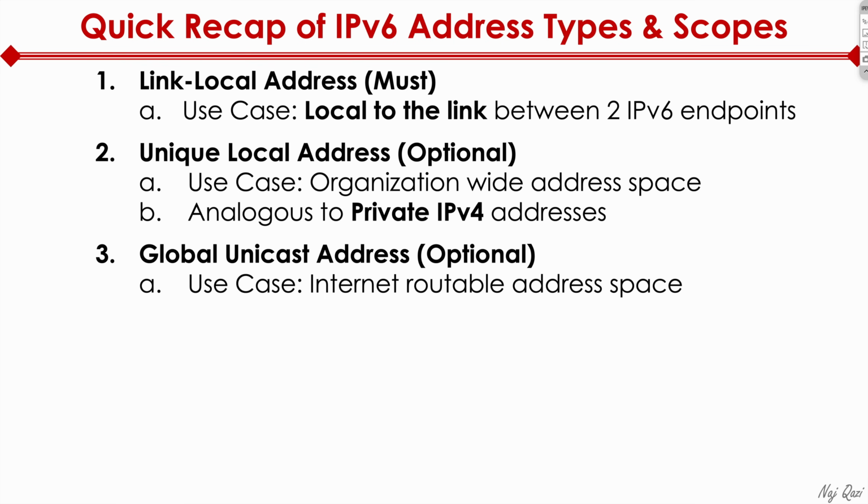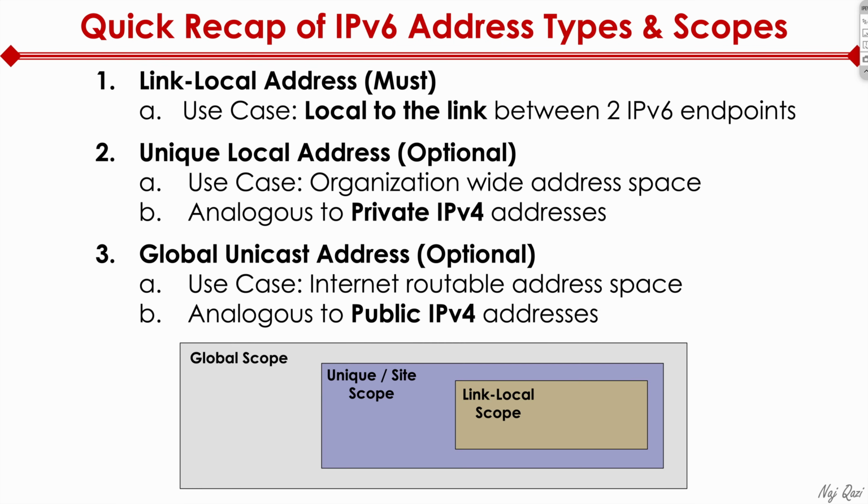The use case for this one is internet routable address space, and this is analogous to the public IPv4 addresses. And this is how the scope looks. If you were to visualize the scope, the link local addresses have a very narrow scope. They're only good on a link. Then the unique local address scope is organization-wide, so this is your entire company. And then the global scope is the internet routable address space.